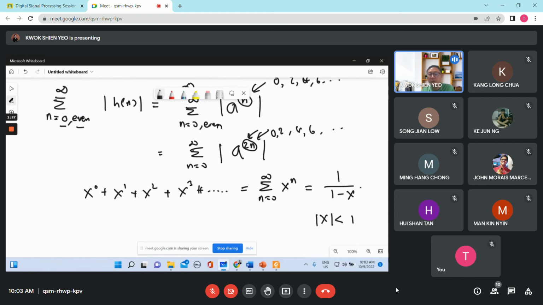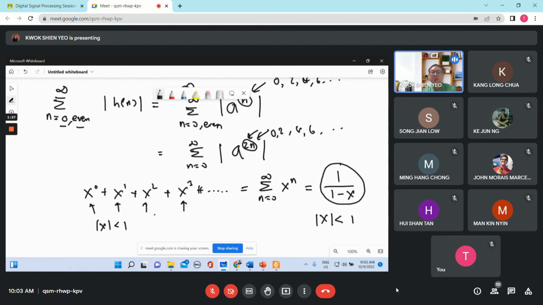Meaning that if this x is not greater than 1, maybe it is 0.5, 0.2, 0.8, it is not 1 or minus 1, then we can write it into a compact form. It will converge if the value is smaller than 1.